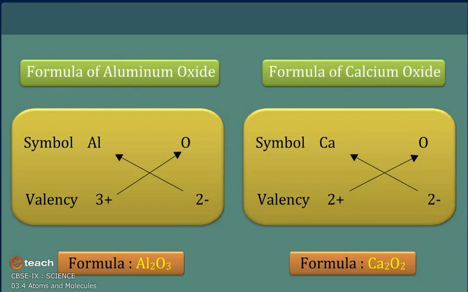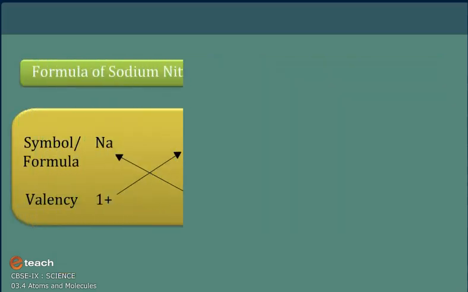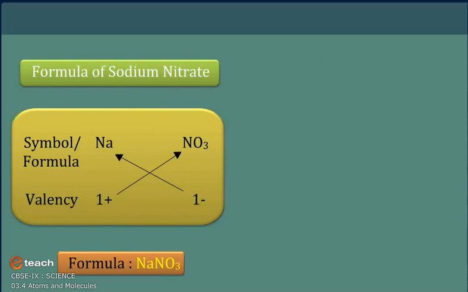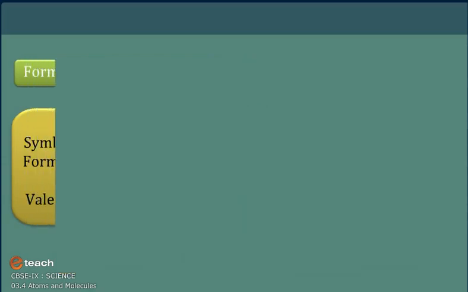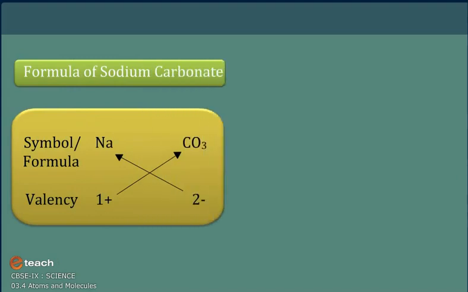You may arrive at the formula Ca2O2, but we simplify the formula as CaO. Formula of sodium nitrate. Formula is NaNO3. Formula of calcium hydroxide. Formula is Ca(OH)2. Formula of sodium carbonate. The formula is Na2CO3.